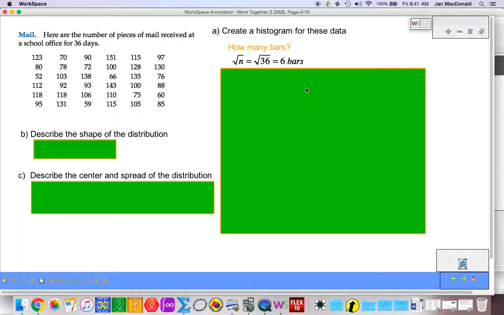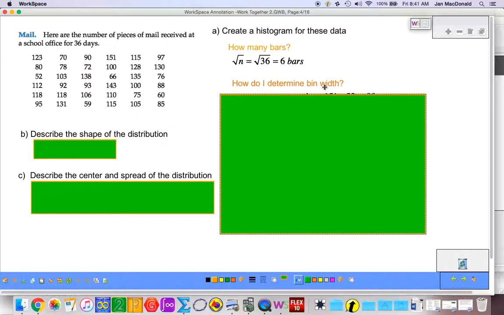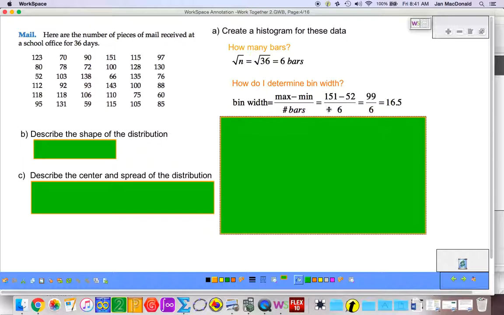How thin or how wide are each bar? Well, the easiest way to determine bin width is to take our maximum data value, which we just found, 151, take away our minimum data value, 52, divide it by the number of bars, which was 6, and we approximately get a bin width of 16.5.